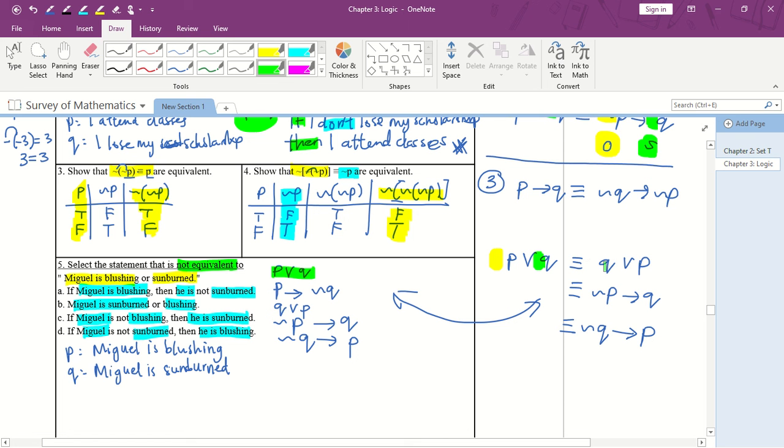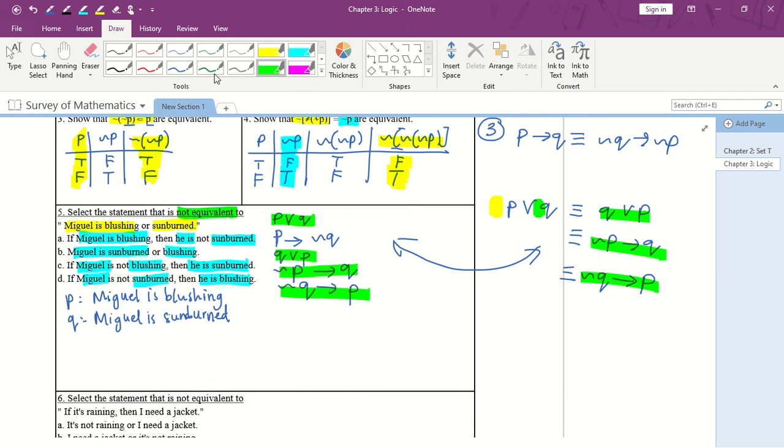We have figured out Q or P, and yes, we got it here, Q or P. And the second one, negation P to Q, yes, here, negation P to Q. And the next one, negation Q to P, and we got it here, negation Q to P. And the statement that is not equivalent is the A part, P to negation Q. It is not equivalent to the question.